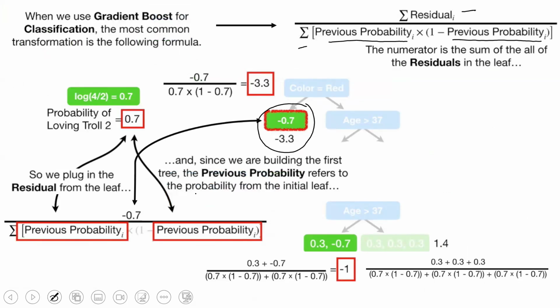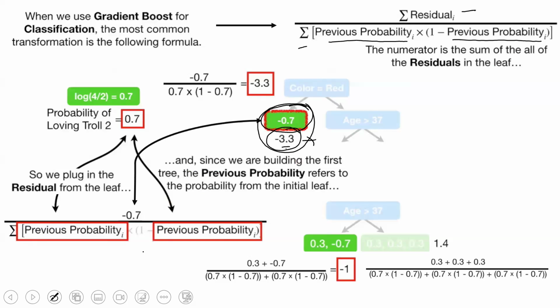You cannot directly summate these values with the initial predictions. You need to transform these probabilities. Now, if you look at this, minus 0.7 is transformed as minus 3.3. How does this transformation happen? This is how it happened.